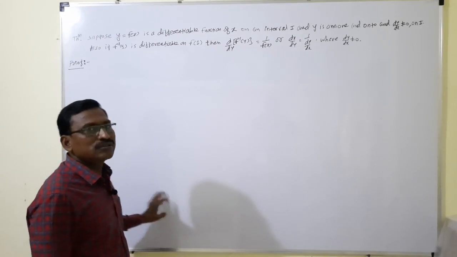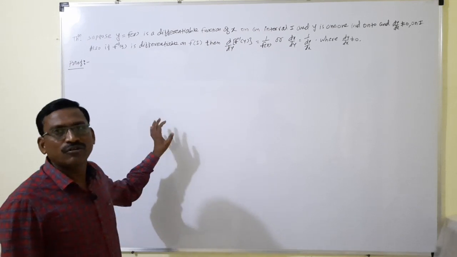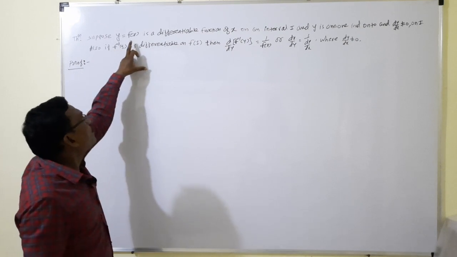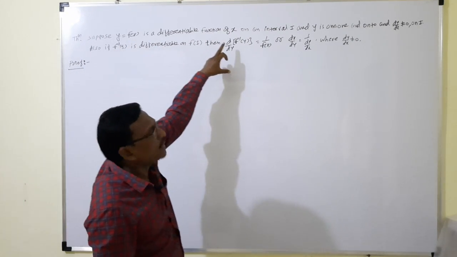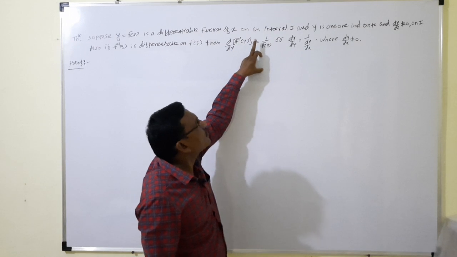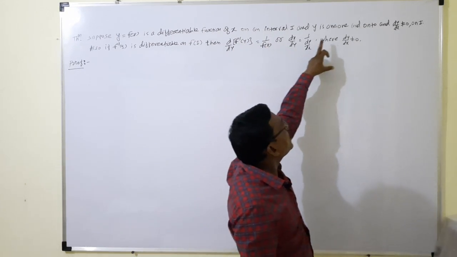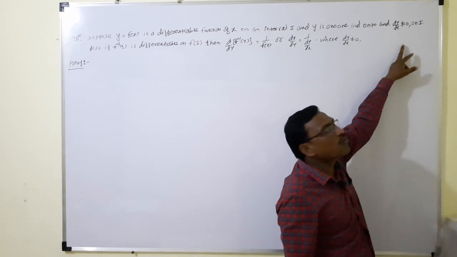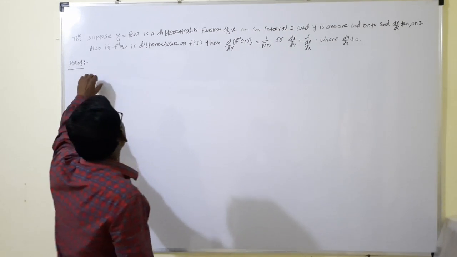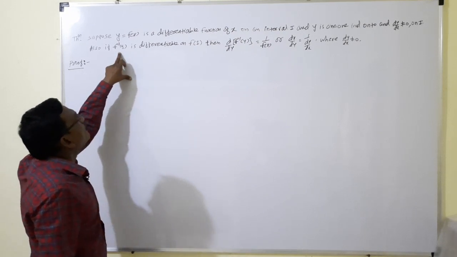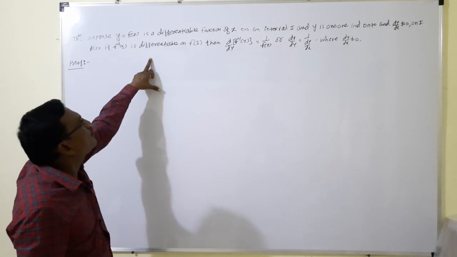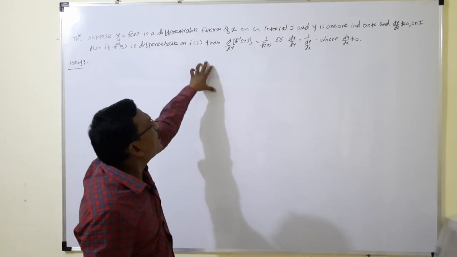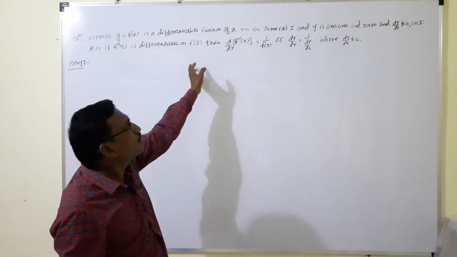Now we take a theorem which depends on the derivative of the inverse functions. Statement of the theorem: suppose y equal to f of x is a differentiable function of x on an interval I, and y is one-one and onto, and dy by dx is not equal to 0 on interval I. Also, if f inverse of y is differentiable on f of I, then we have to prove this.